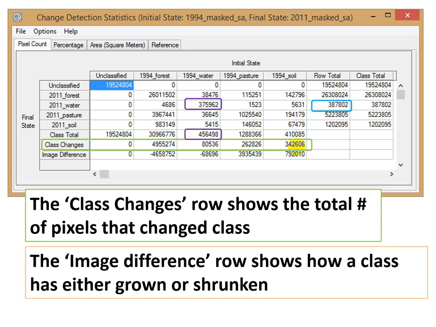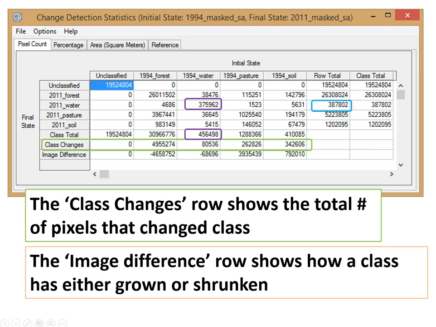This image difference row, which is this bottom row down here, shows how a class has either grown or shrunken. So if we think about water again, in 1994, we had 456,498 water pixels.